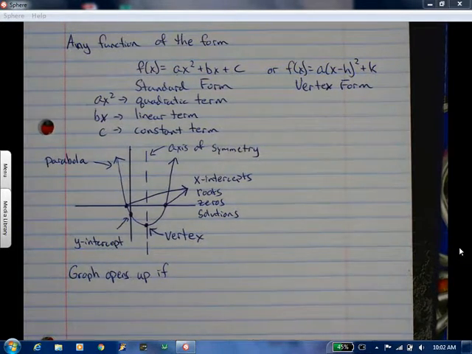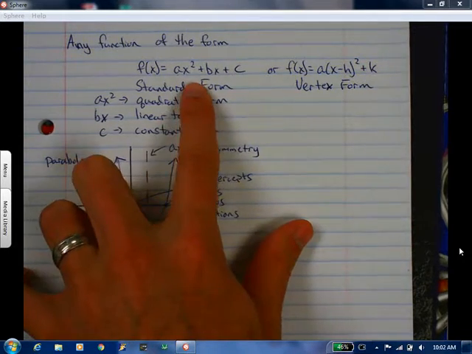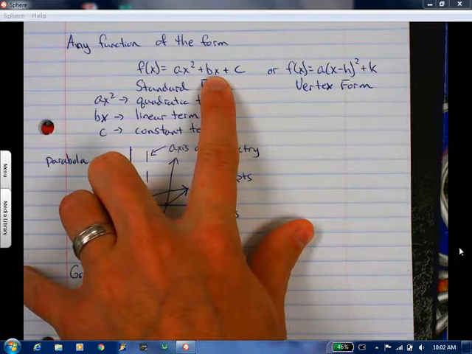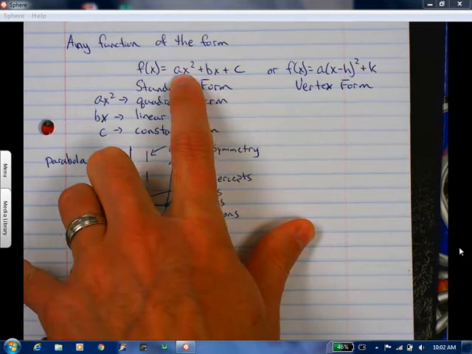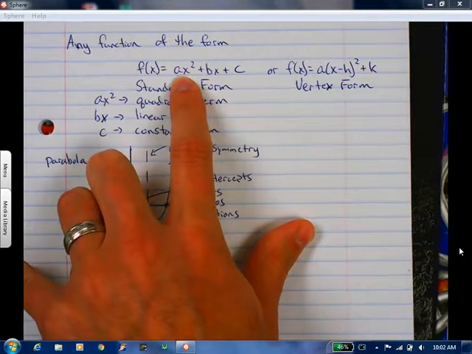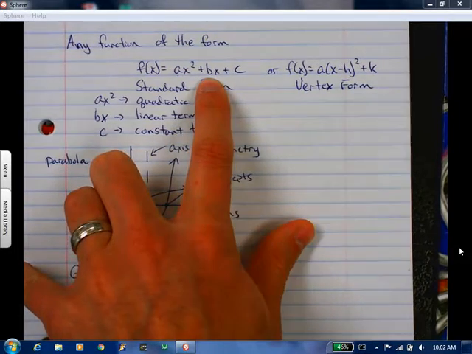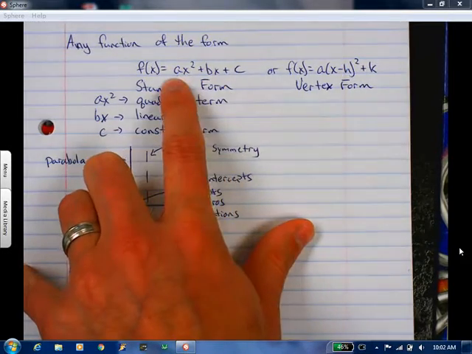If it's positive, the graph goes up. If it's negative, the graph goes down. So here's our linear term, but we have something more powerful than a linear term. We have a quadratic term now. An x squared is going to be more powerful than an x, because if you have x be 100, 100 squared is a lot more than just 100.